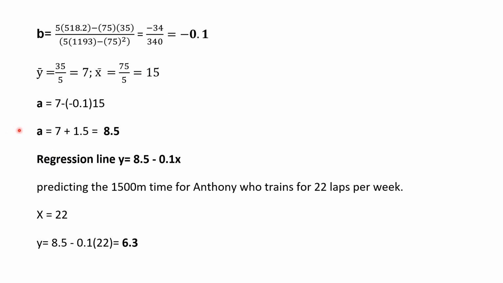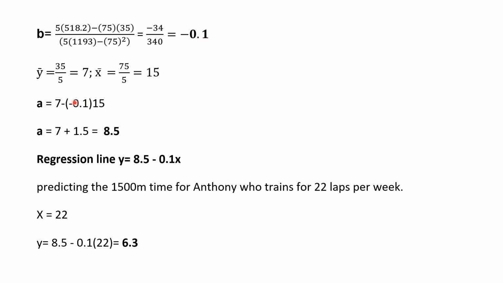Now, see what we did there. To calculate A, which is the y-intercept, we simply plug in the y bar, 7, minus, that is part of the formula, right? Negative 0.1, which is our B, the slope of the regression line. I put it in a bracket because it's a negative.